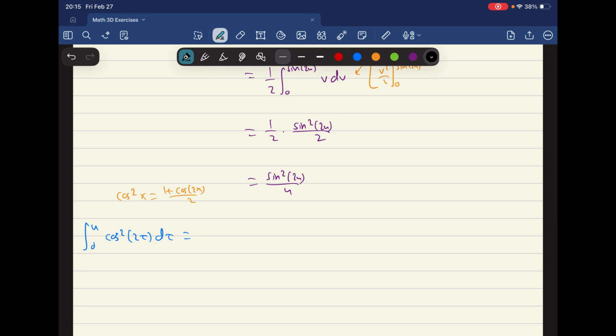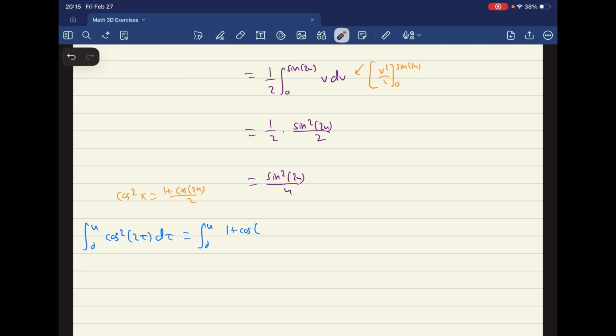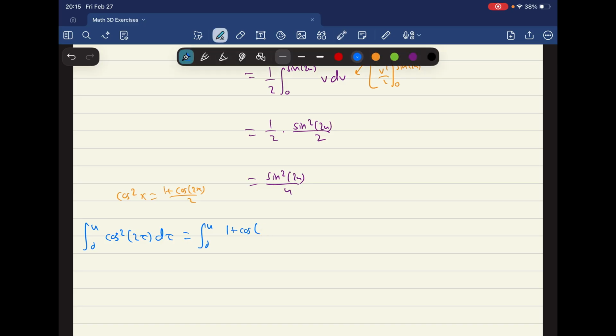And what this gives me is that this integral becomes integral 0 to u 1 plus cosine. So here it's for x, but I have 2 tau inside of my cosine squared, so this here is going to be 4 tau now, all over 2. So this will be 1/2 integral 0 to u 1 plus cosine of 4 tau d tau.